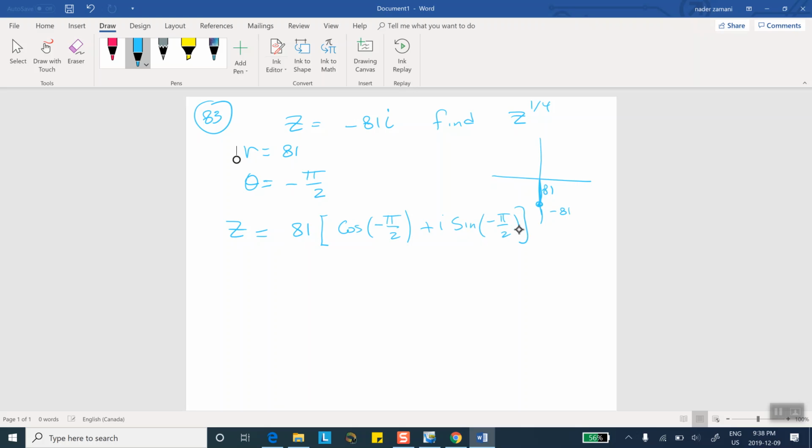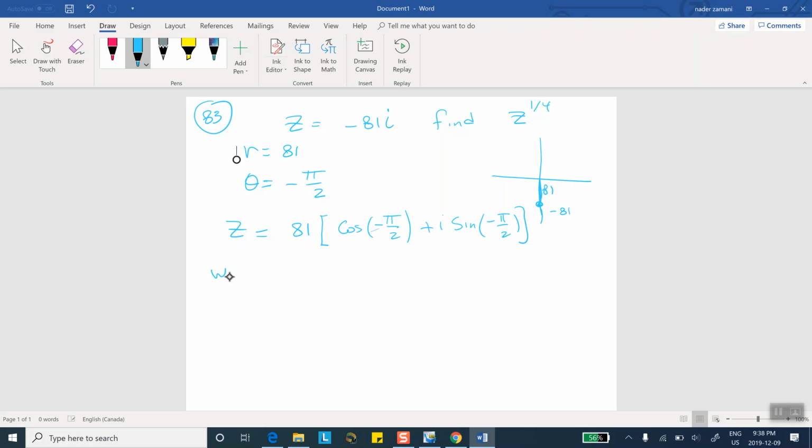Now we can play it smart here and realize that this thing is 0. This thing is 0. So we can play it smart and just drop this, or we can play it dumb and write it down and then keep going on.